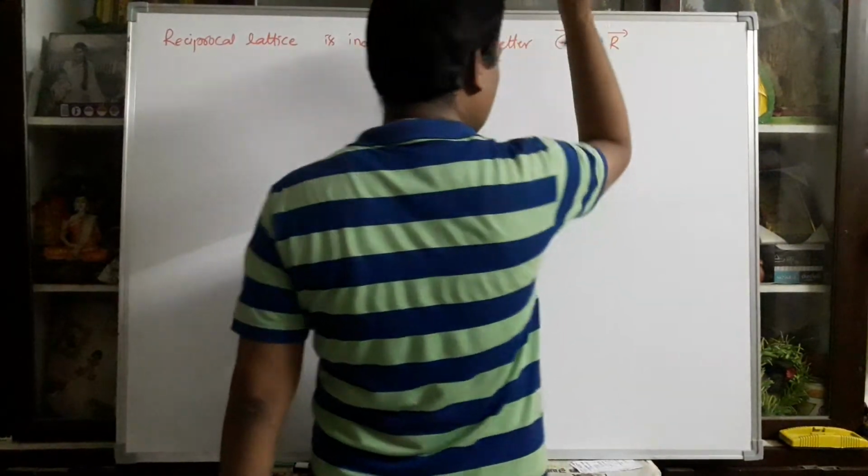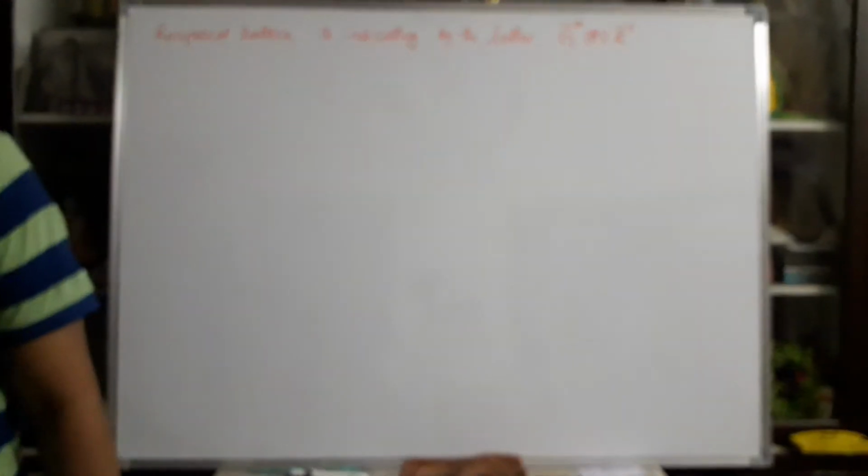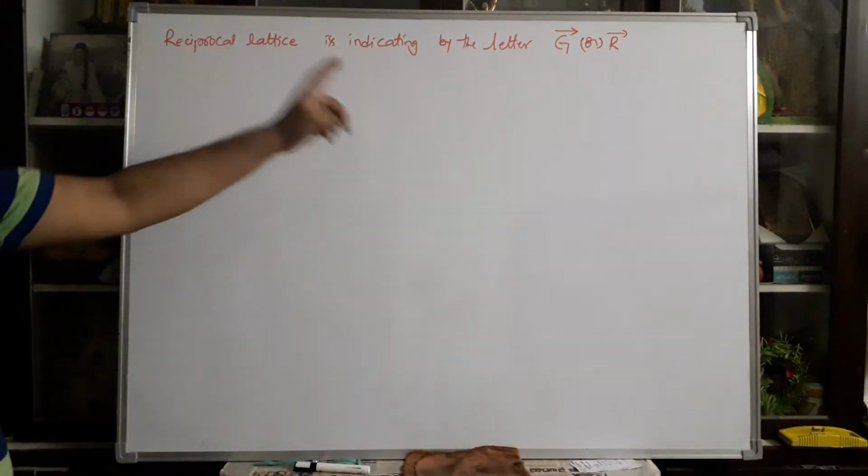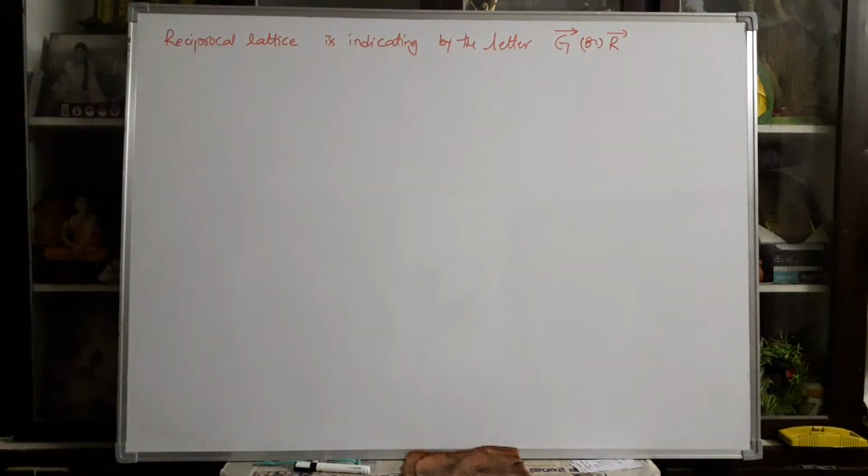Lattice is nothing but in the form of a vector. So reciprocal lattice is indicated by the letter capital G or capital R.